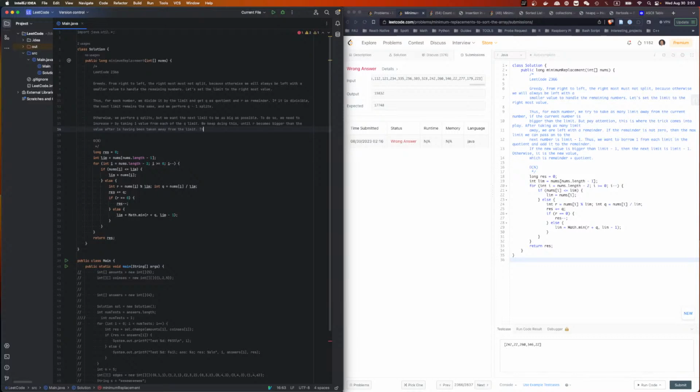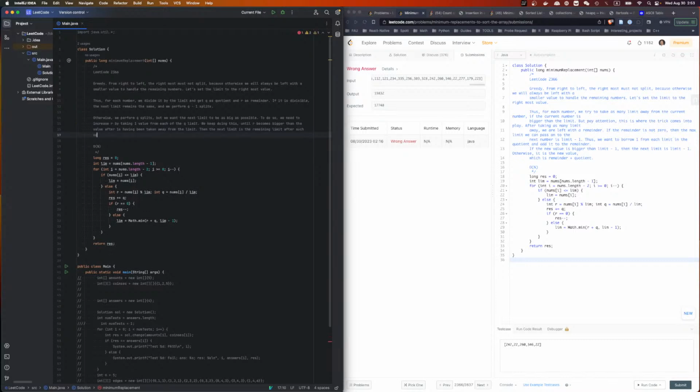Then the next limit is the remaining limit after such operation. The purpose of doing this is to ensure that the next limit can be as big as possible.